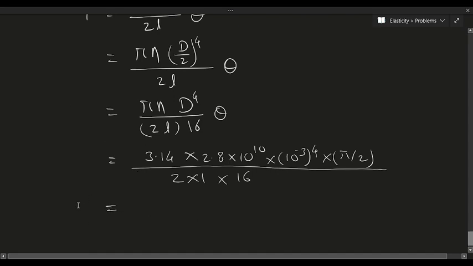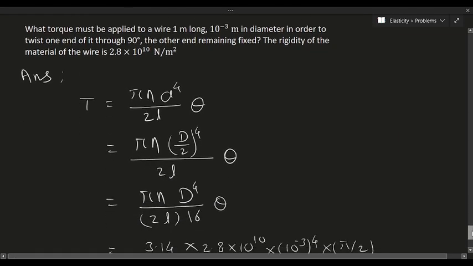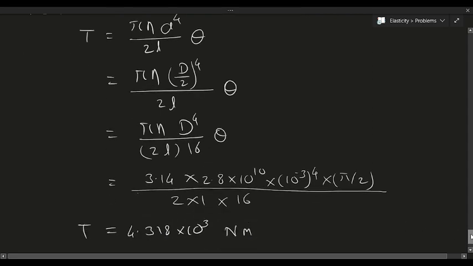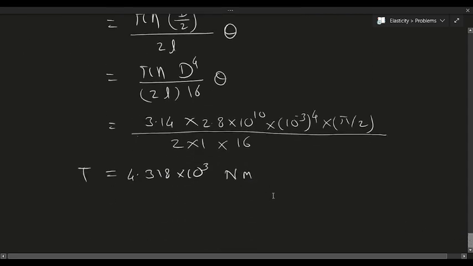The simple calculation gives us the torque required for producing such a twist, and it is 4.318 into 10 raised to 3 Newton meter, the unit of torque. All the quantities are given in SI system, so the unit of torque will also be in SI system.